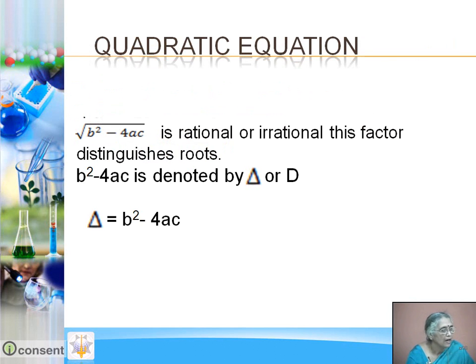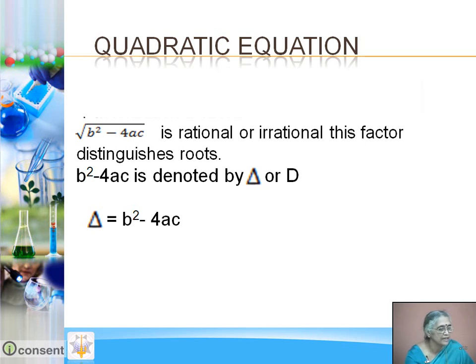Now here √(b² - 4ac) decides the nature of roots of the given quadratic equation. If the square root of b² - 4ac is rational, then the roots are rational. If it is irrational, then the roots are irrational.